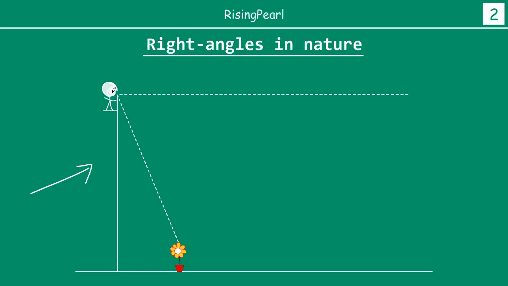So at my eyesight I can draw again a line parallel to the ground. This is the ground level in this case again, right? I can draw a parallel line at my eyesight level. So this then becomes the horizontal line, right?